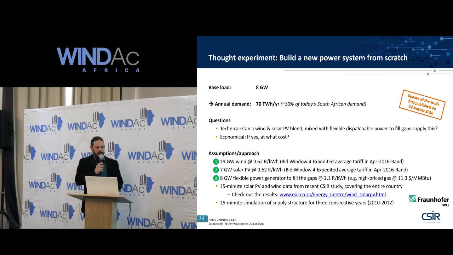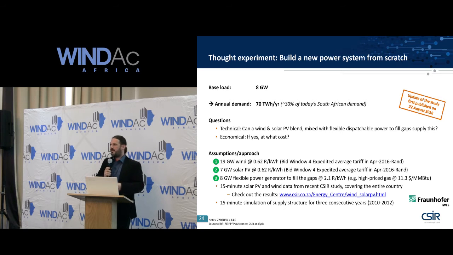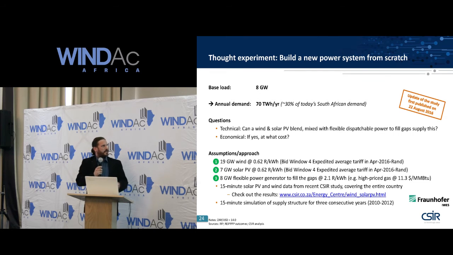As assumptions, we say we need about 90 gigawatt of wind installations and 7 gigawatt of PV installations. And we know there will be times where we have no wind and no solar available, so we need flexible generation capacity filling this gap.